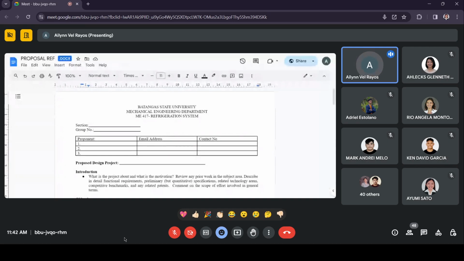So you are guided on each part na kung ano yung mga ilalagay ninyo doon sa proposal. So for the proposal of your design project, ilalagay nyo dito yung topic ng gusto nyong i-propose. So you need to include your section, group number, and then the proponents of your group.